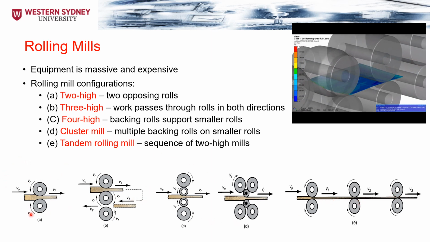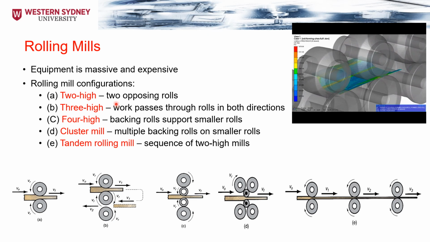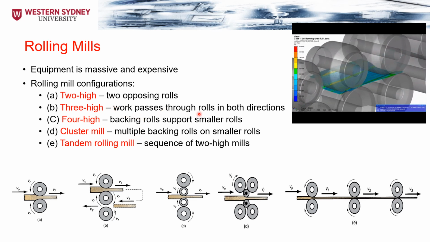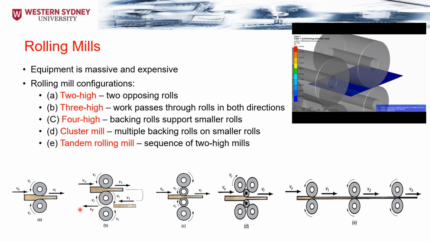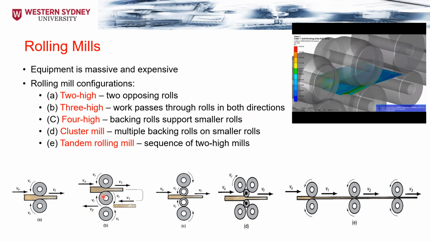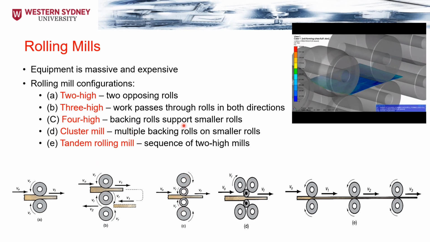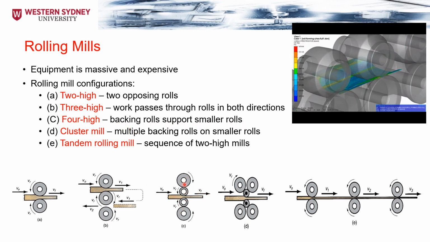So you can have the two high, which is the most common one. We can have three high, where the work is going to be passed through the rolls in both directions. So 1, 2, we call it three high because we have three rolls. We have the four high because we're going to have the backing rolls supporting the smaller one.